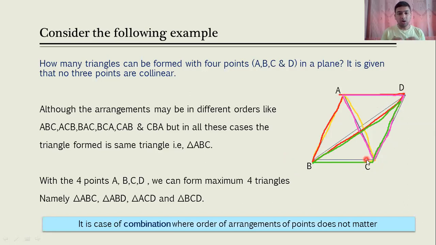If the order of selection of points does not matter, it is an example of combination. I think this is a very simple example to understand the meaning of combination. So combination problems are those where the order of selection is not important.